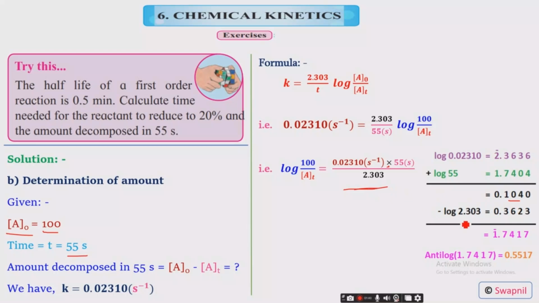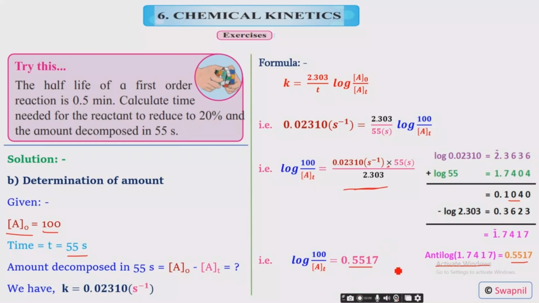Log of 2.303 is equal to 0.3623, and by subtracting we get bar 1.7417. Now we have to find the antilog, and the antilog is 0.5517. So we get log of 100 divided by concentration of A t is equal to 0.5517.